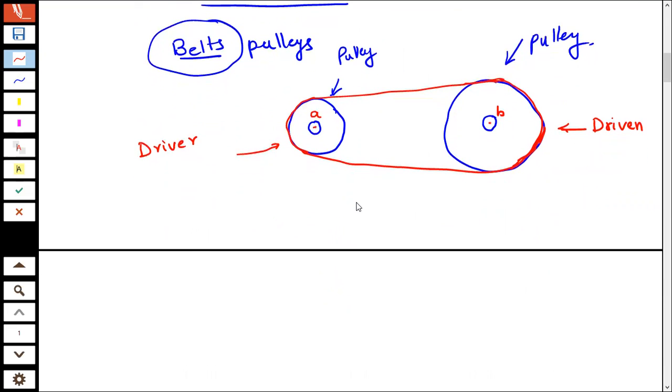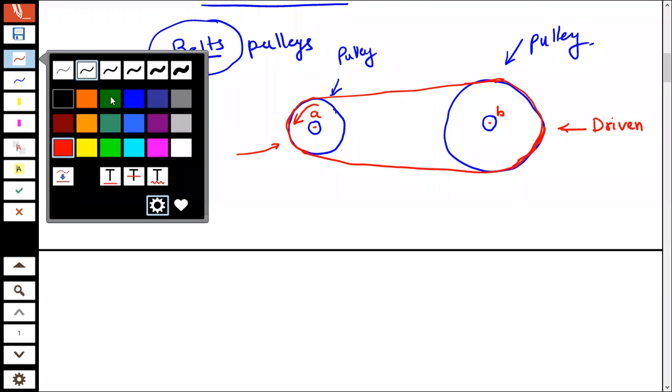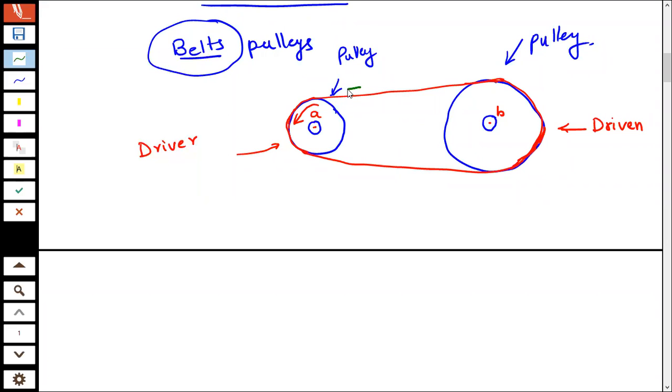Now, what will happen? Okay. If this is the driver and it is rotating in this direction, since there is friction between the pulley and the belt, it is going to pull on the belt in this direction.